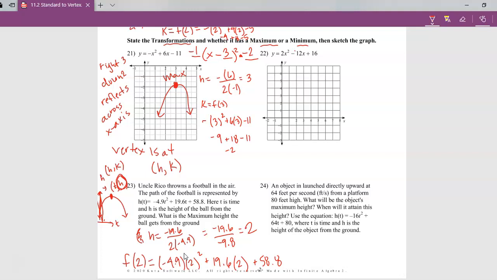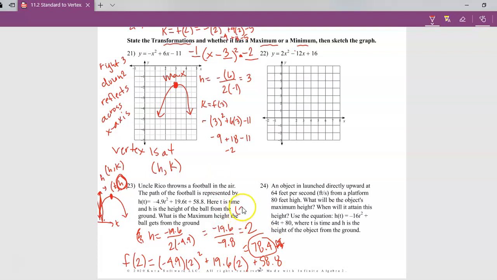So plus 19.6 times 2 and plus 58.8. So that is equal to 78.4 feet. Was it in feet? It didn't actually say what unit it was in. So just 78.4. So 78.4 is the max height.